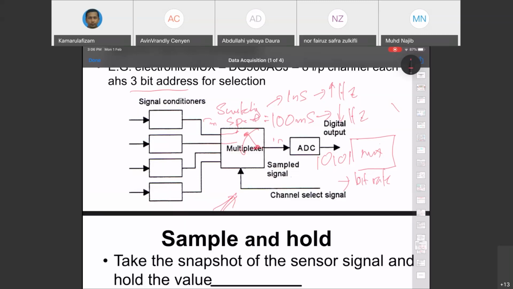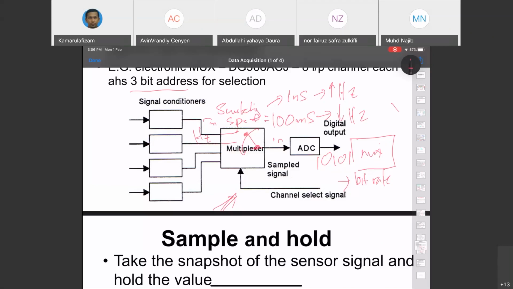As for the case of analog multiplexer, you have to know your frequency of information before you can select the multiplexer. The multiplexer should be able to do the switching fast enough before the information comes again.